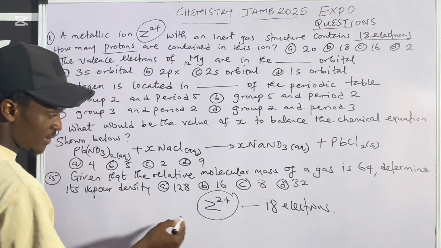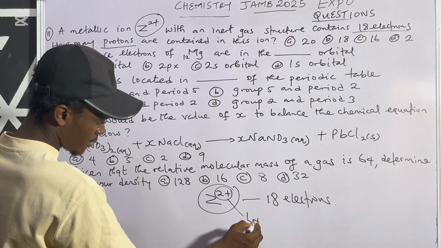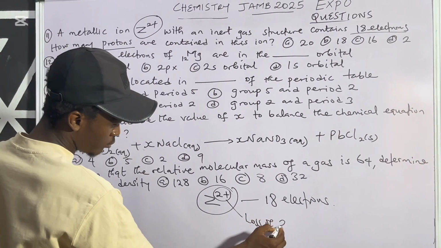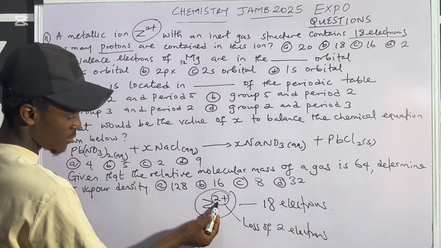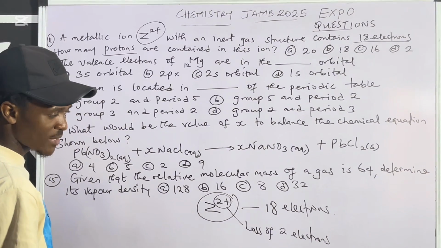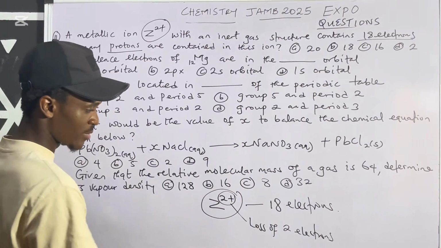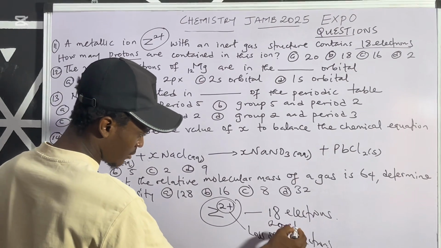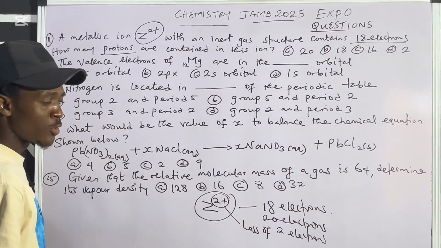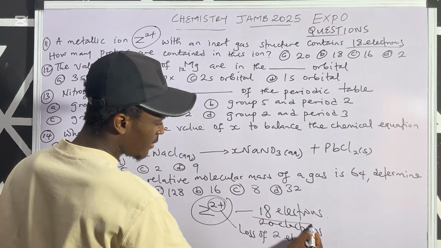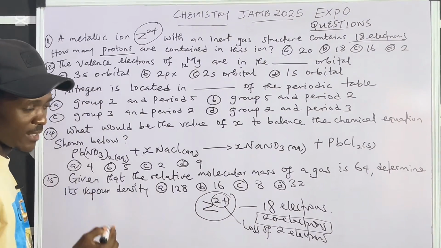Now normally this 2+ simply means that there is a loss of 2 electrons, meaning that electrons have been lost here, which is 2. So previously you were supposed to be having how many electrons? 20 electrons, assuming we did not lose any electrons. When an atom is in a neutral state, the protons and the electrons are the same.